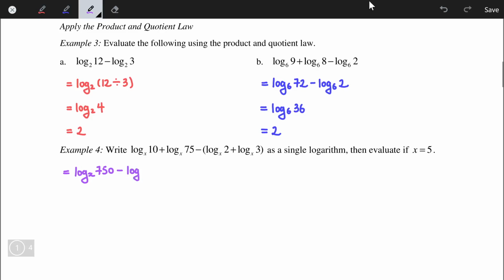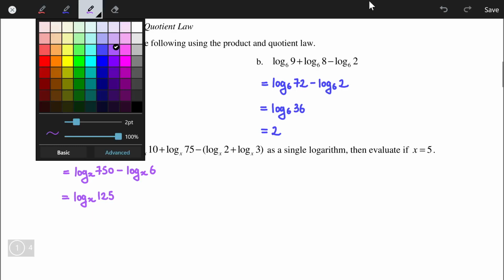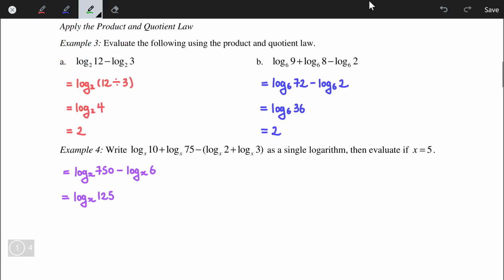So we have log base x of 6. Here then we will divide the arguments. So we have log base x of 750 divided by 6, which is 125. So that's step 1. Afterwards, we're going to evaluate this expression using the base of 5. So x is equal to 5, log base 5 of 125. So that will just be 3.